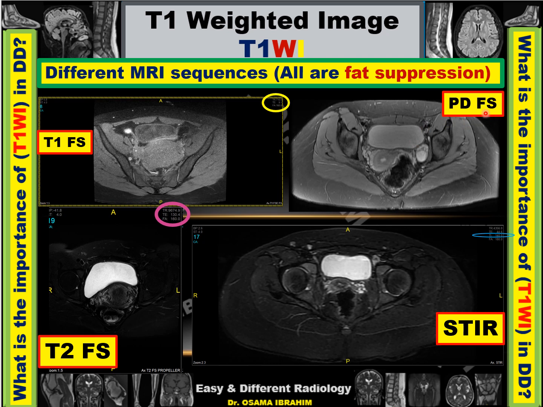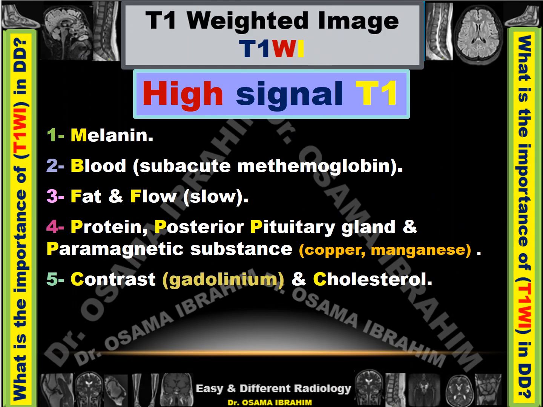The fluids in the proton density image appear slightly bright, like this cyst and this fluid in the urinary bladder, which differentiates it from the T1 fat suppression sequence. So this one is proton density fat suppression, STIR, T2 fat suppression, and T1 fat suppression. All are fat suppression sequences with different MRI sequences.